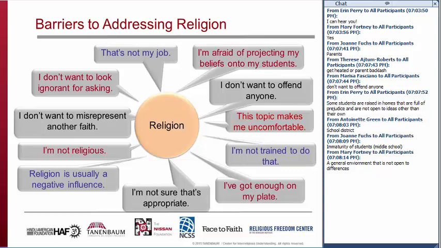They don't want to misrepresent another faith. They are not religious themselves, and so find a challenge in fully integrating or talking about religion or religious identity. Religion, from their perspective, is usually a negative influence, and many people make that case in all of the work that we do, that when you look at the news or open a newspaper, whenever you see religion mentioned, it's usually in some negative form.